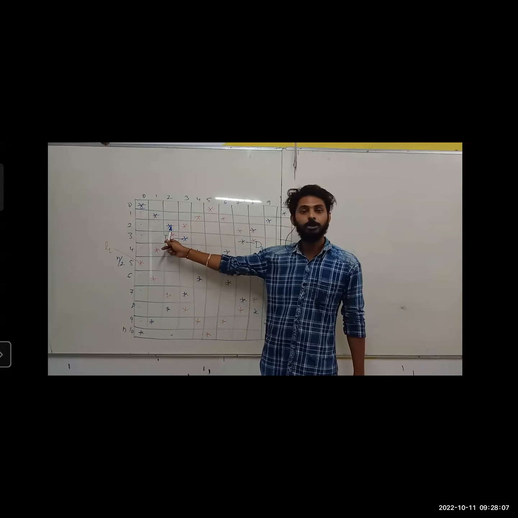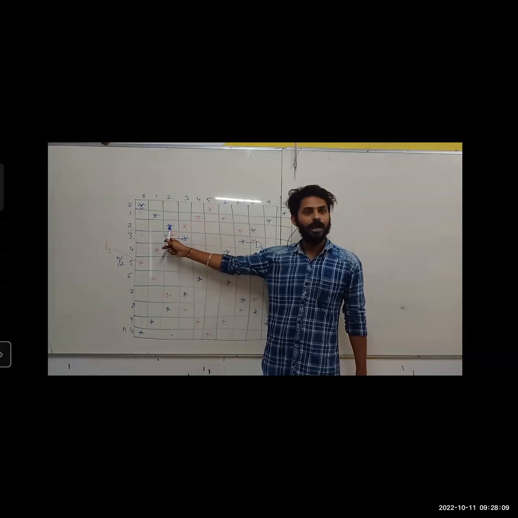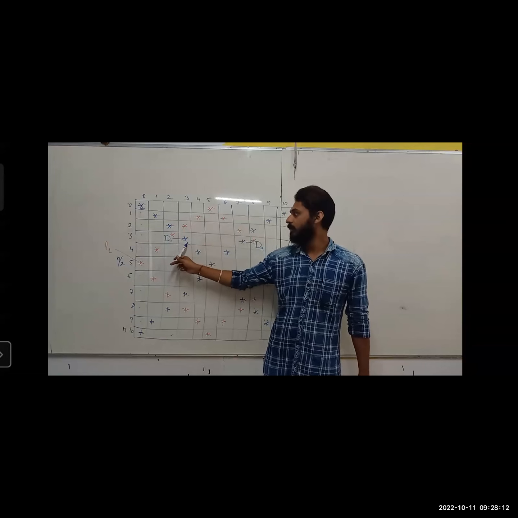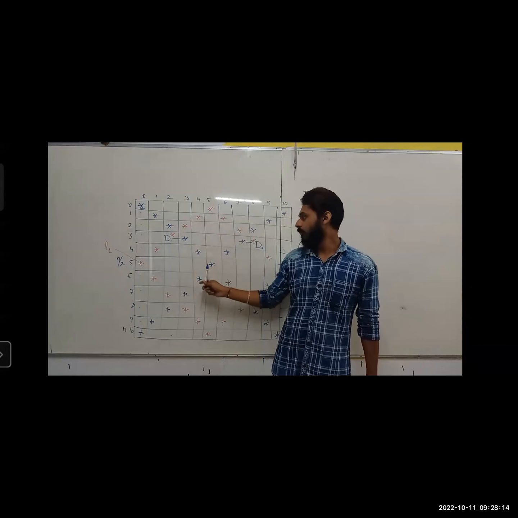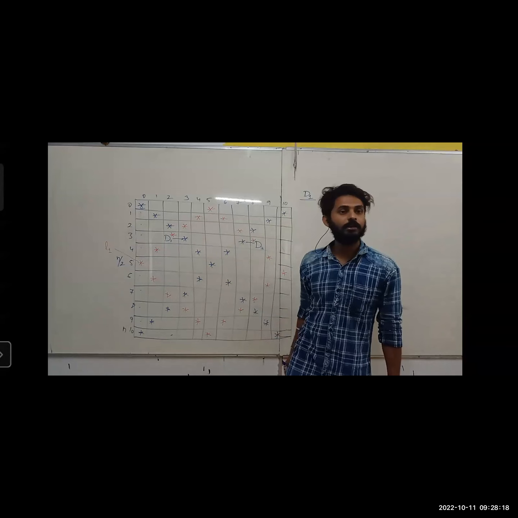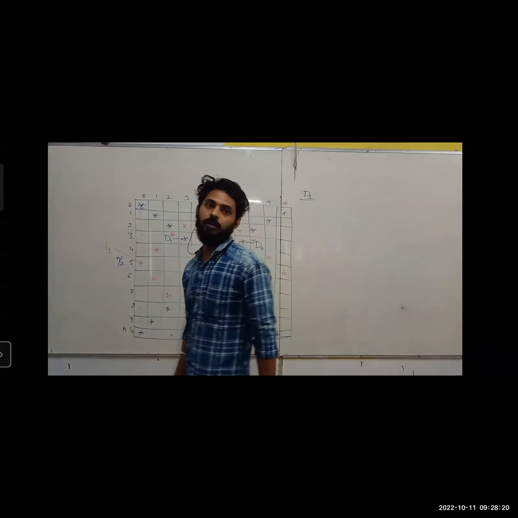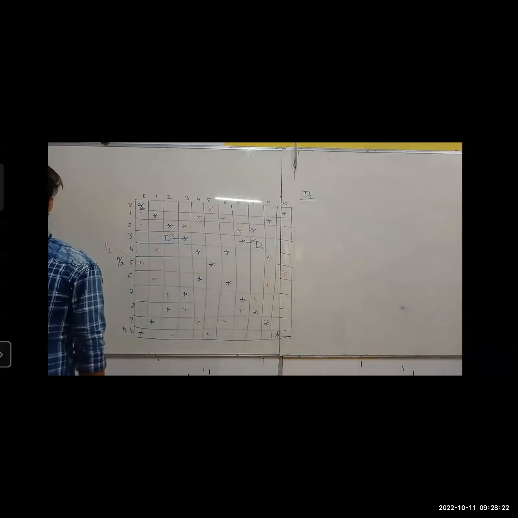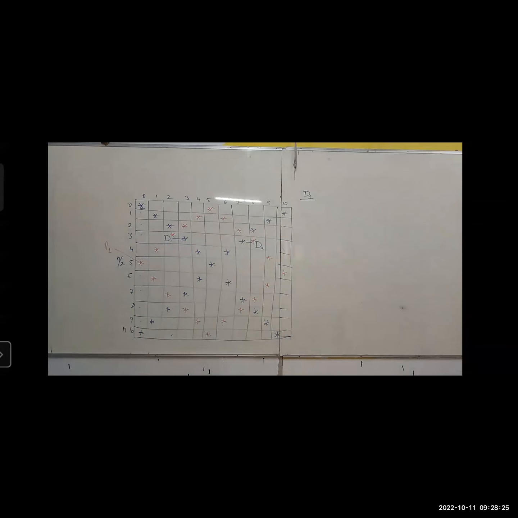Here 2 and 2. Here, 3 and 3, 4 and 4, 5 and 5, 6 and 6, 7 and 7, 8 and 8, 9 and 9, 10 and 10. Means in simple words, what I want to say is, if you want to print diagonal 1, what should you follow?